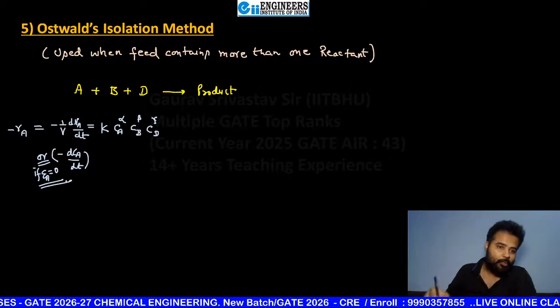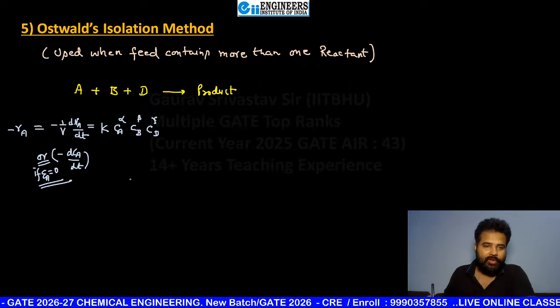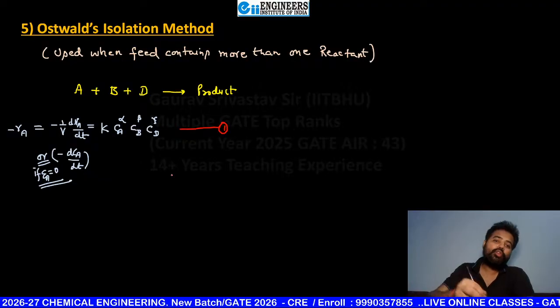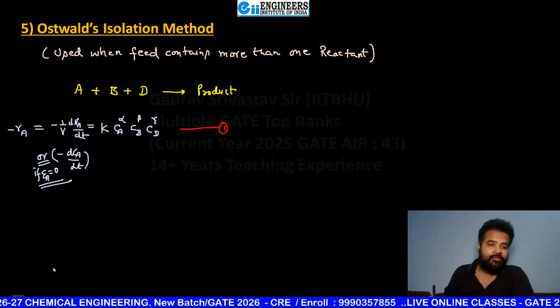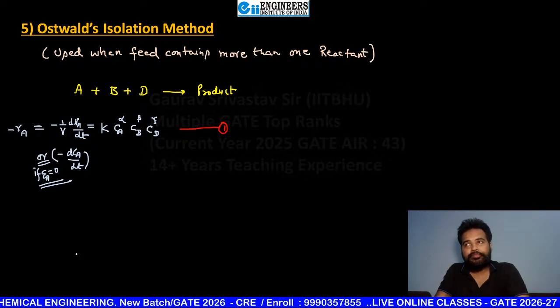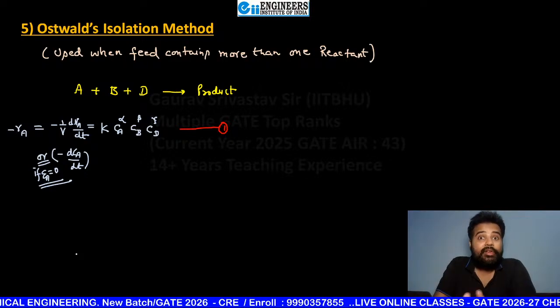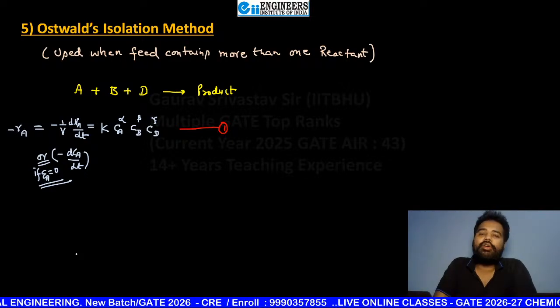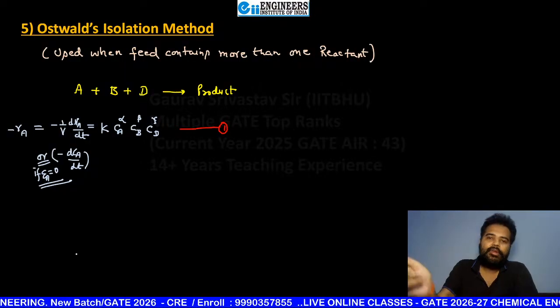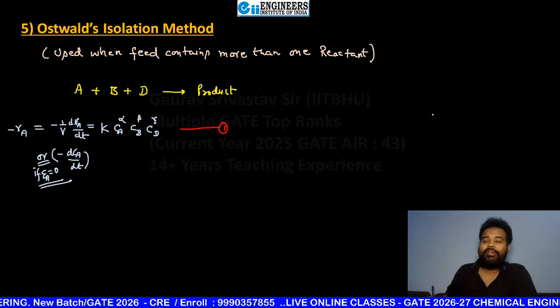Now this is your equation, and here you want to calculate the values of alpha, beta and gamma. Now what to do? Suppose you take one general example. You are taking some food.